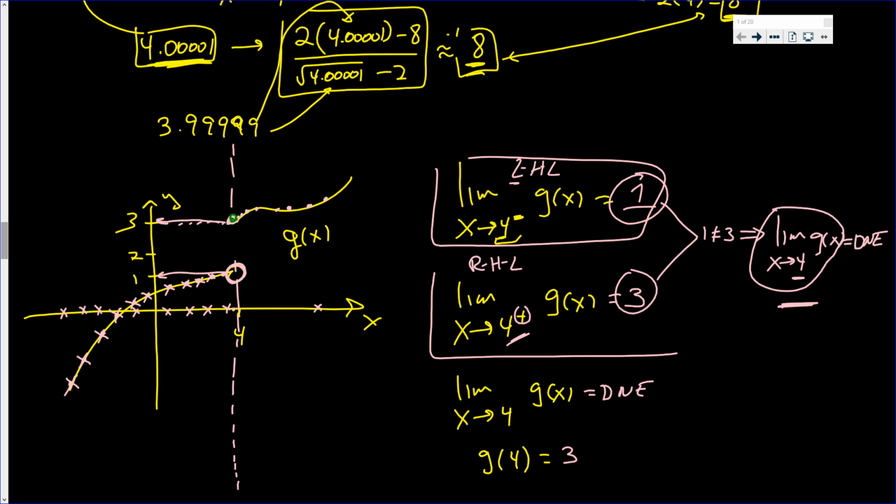This graph is up here and this graph is way down here. There's this gap in between. And the graph is screaming, hey, I have a gap, I have a gap. So maybe the left and right limits won't be equal.